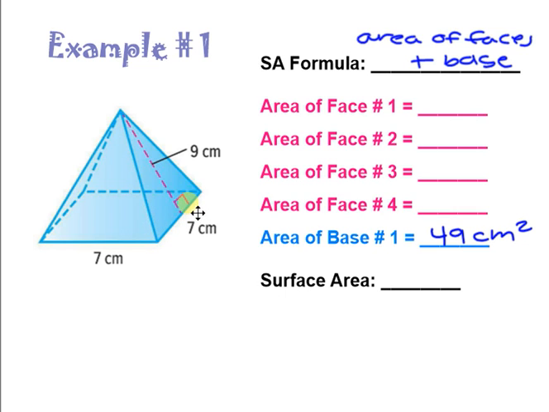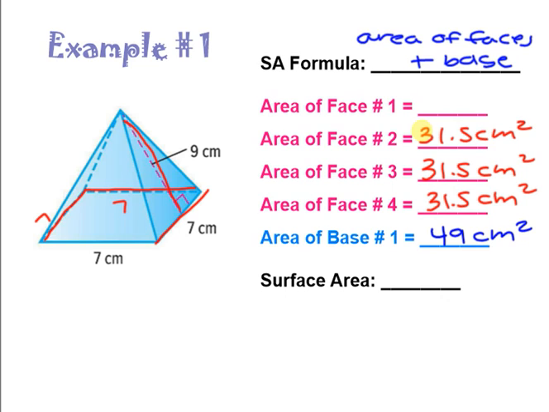So my triangle formula is base times height times 0.5. So I have my base of 7 and my height of 9. So 7 times 9 times 0.5. That's going to be 31.5 centimeters squared. Now if this is 7, this is also 7. If this is 7, this is also 7. And so that slant height of 9 is going to be all the way around as well. So all of these faces are going to be the exact same thing.